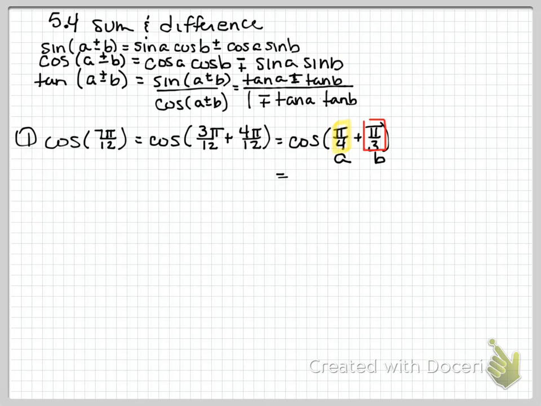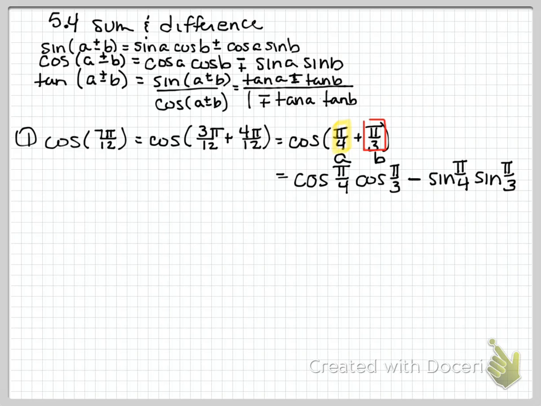And so it's going to be the cosine of A times the cosine of B. Now, since we're adding these here, remember cosine changes to minus the sine of A, sine of B. Okay? Now we just have to simplify it.